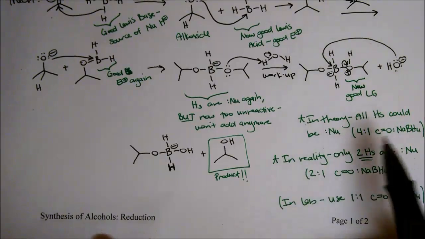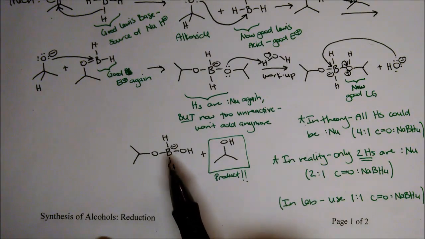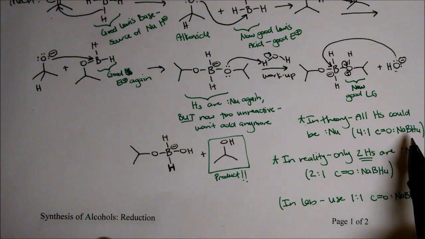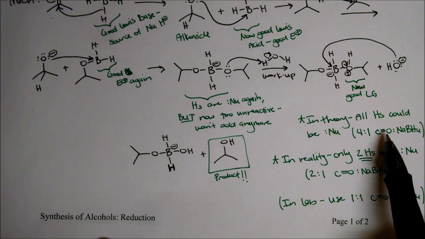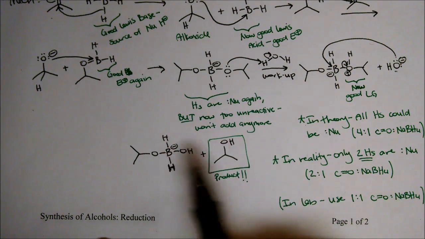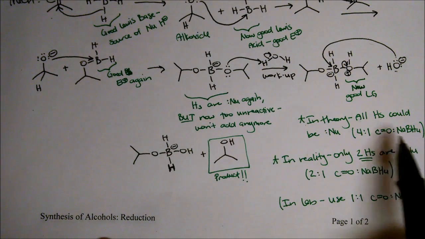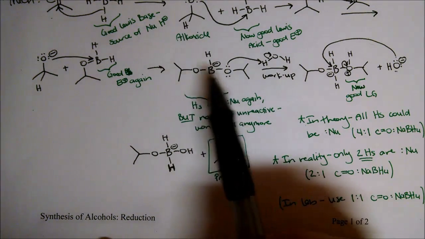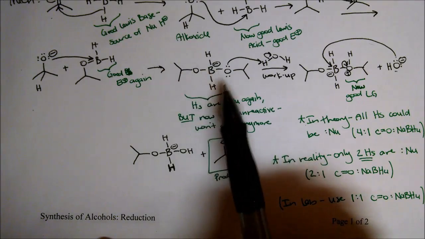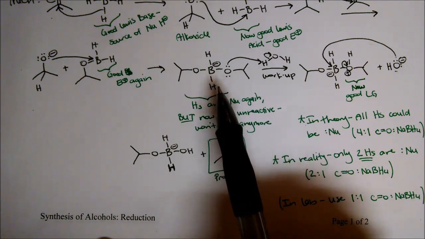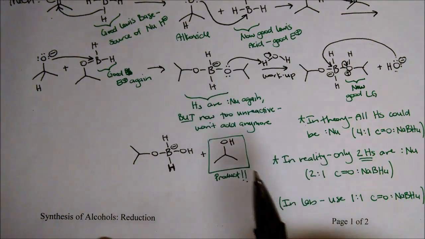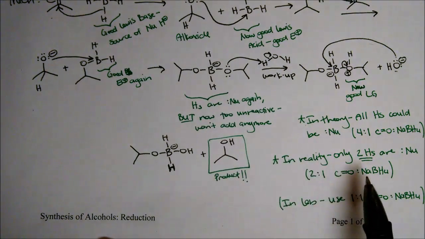So I'm left off with saying that in theory all of those hydrides could be nucleophilic. That would mean we only need 1 equivalent of the boron to every 4 equivalents of the carbonyl, because all 4 hydrides on the boron could be nucleophilic, so that's a 4-to-1. In reality though, once it delivers 2 hydrides, it becomes unreactive, so only 2 will get delivered, because the metal becomes too unreactive.